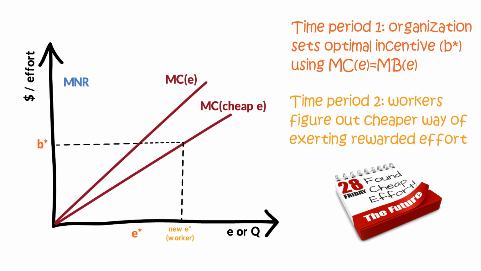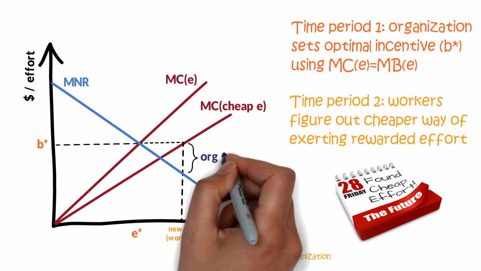Recall that the marginal net revenue is irrelevant to the self-interested worker, but it's key for the organization. In fact, it's the organization's marginal benefit curve. Pause the video and try to see why the organization should not be happy with the new situation. Did you see it? Importantly, this new situation with the worker exerting higher levels of substandard effort is not optimal for the organization because at this higher effort level, the organization's marginal cost exceeds its marginal benefit.